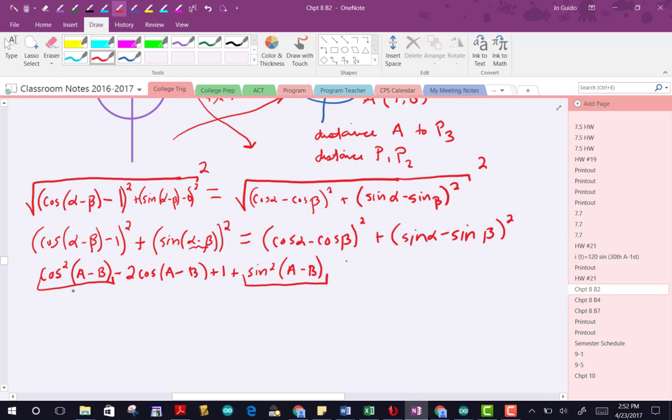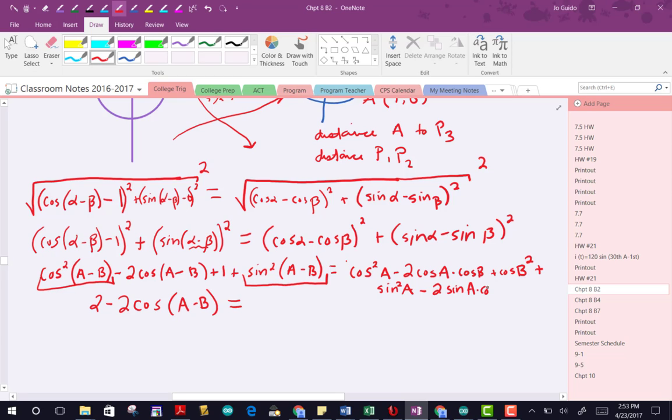On the other side of the equation, in this next step right here, I'm going to end up with a cosine squared of A minus 2 cosine of A cosine of B plus cosine of B squared plus sine squared of A minus 2 sine A sine B plus sine squared of B. So cosine squared of A plus sine squared of A is 1.